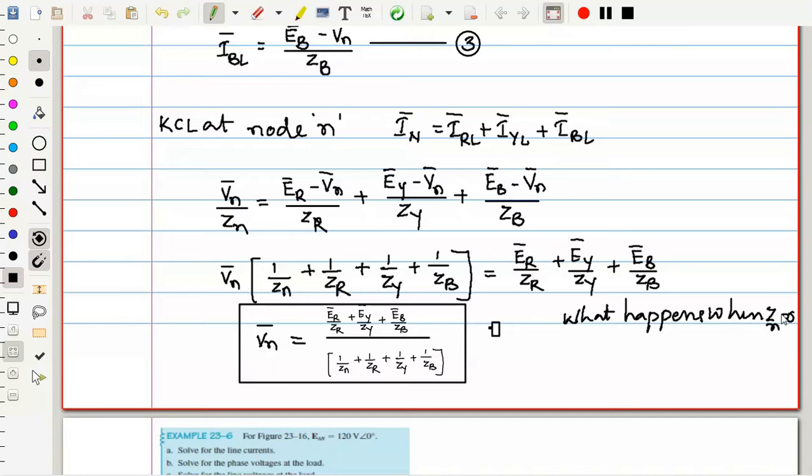Think. Vn is equal to 0. It is simple. Vn is equal to 0.